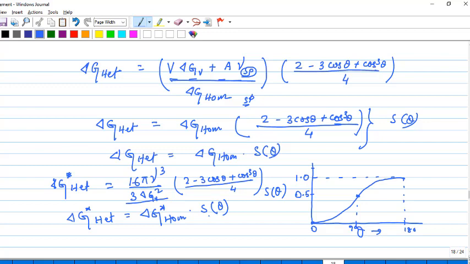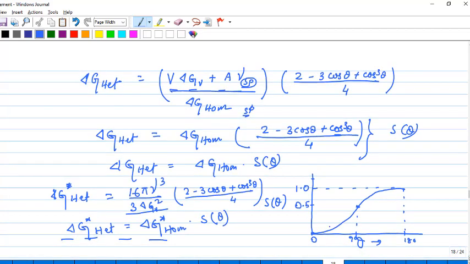Right? So from here you can see that the energy barrier for the heterogeneous case is much smaller compared to the homogeneous case for all practical values of theta. Okay, because we have seen how S theta varies with theta.